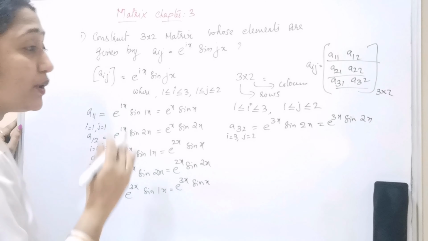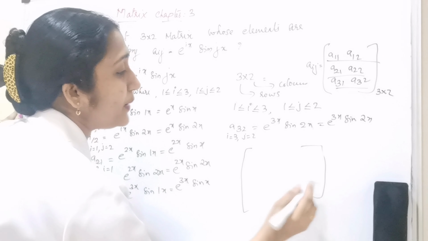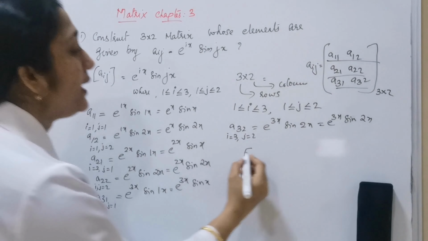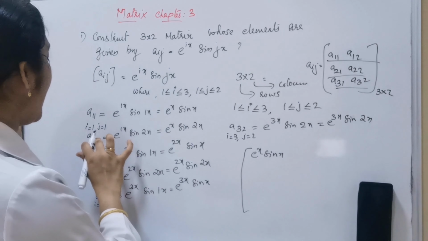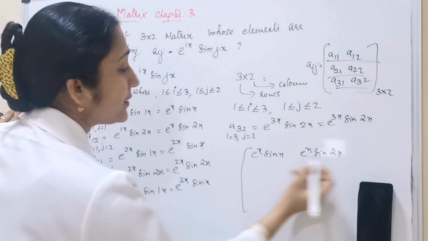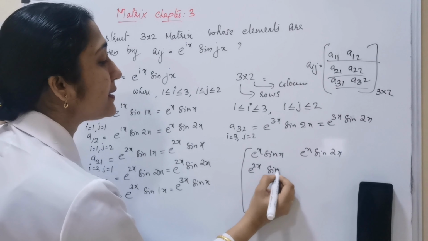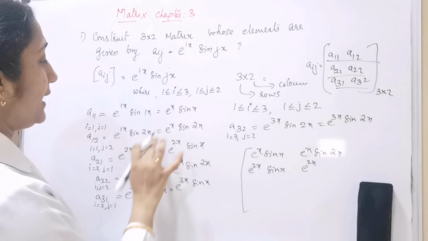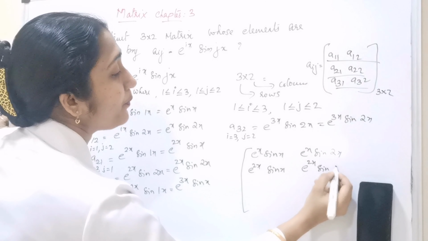So the 3 by 2 matrix becomes: first row, A11 is e raised to x sin x and A12 is e raised to x sin 2x. Next row, e raised to 2x sin x and e raised to 2x sin 2x.